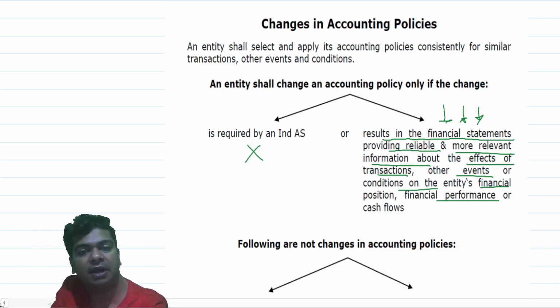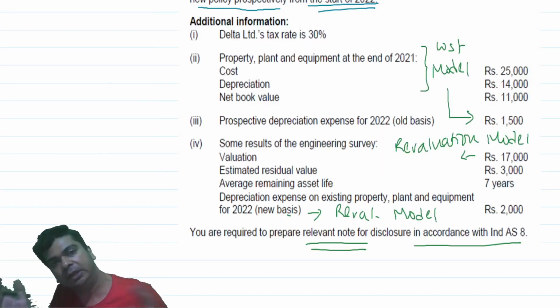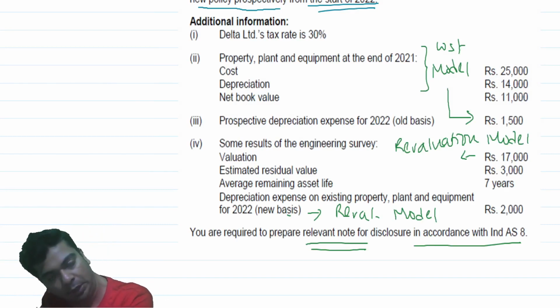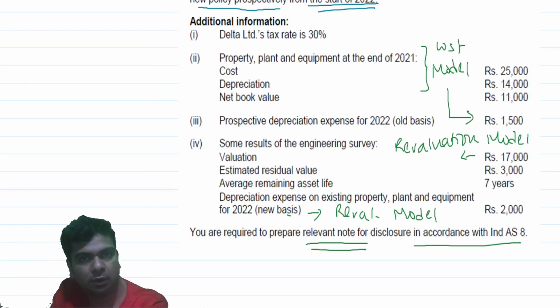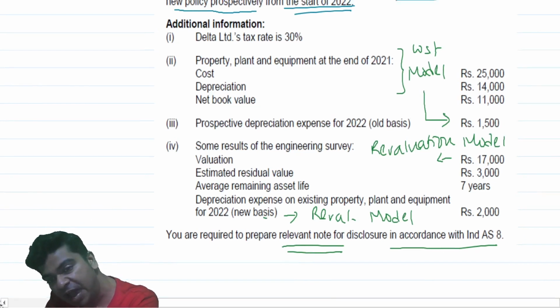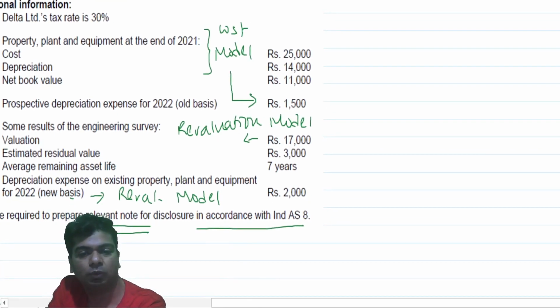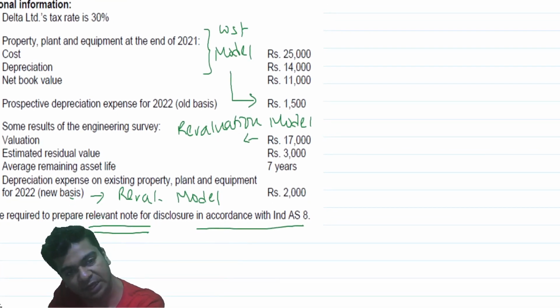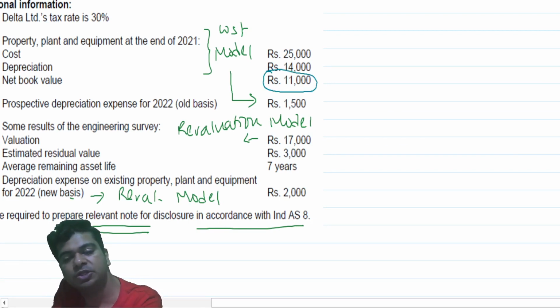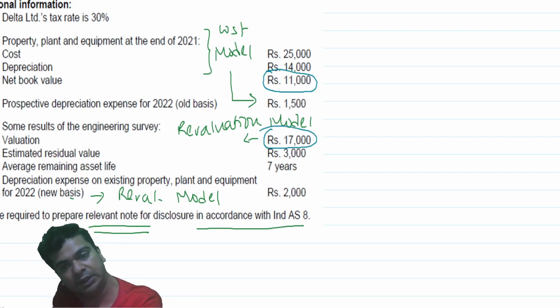And after all the description that you have given, you will then have to give quantitative data that because of the change, what will be the effect on your financial statements? What will be the effects on the financial statements? See, right now you are showing your PPE at 11,000. Because of revaluation, you will have to show it at 17,000.